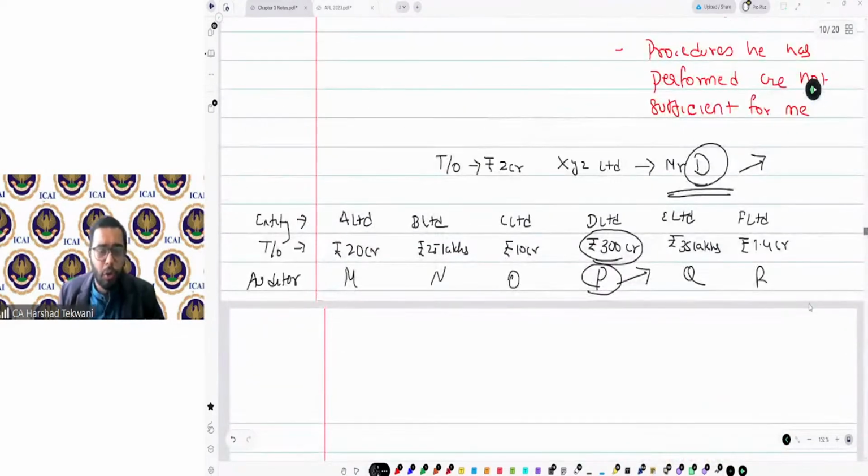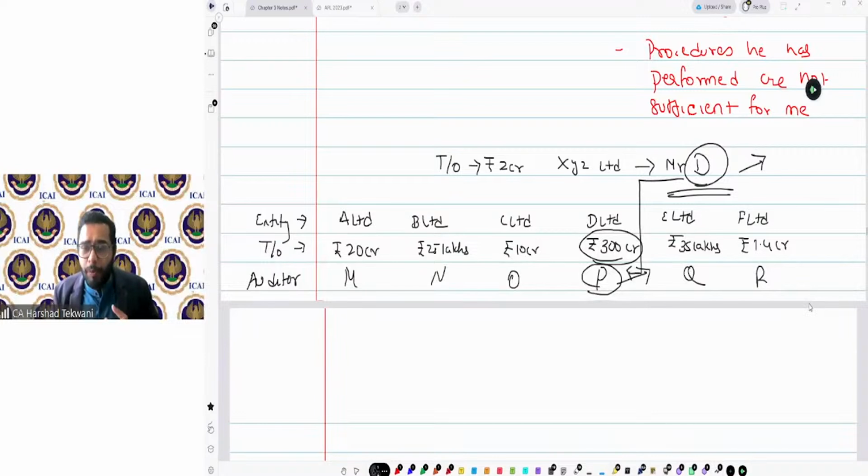But if I take this example, if Mr. D is providing information on what you need to test, how you need to test, and the things that are required and important from the principal auditor's point of view with respect to the component auditors, will it be appropriate? Because Mr. P is already testing a majority of the portion.